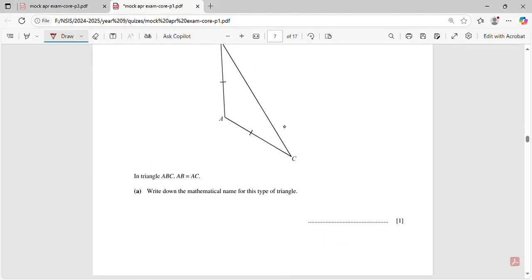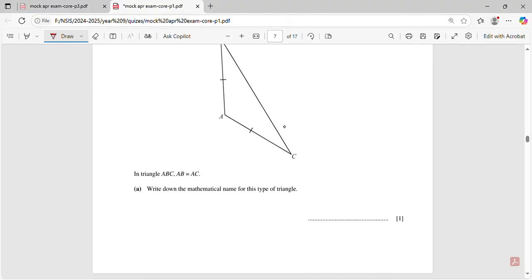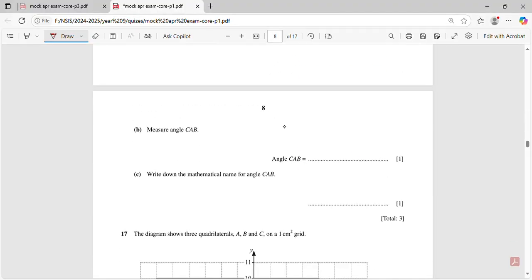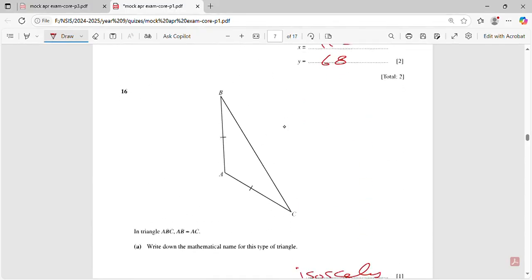But for this part, write down the mathematical name for this type of triangle. What is the mathematical name for this triangle? Isosceles. Never say triangle again because you already know that this is a triangle. It's called isosceles. Okay? Measure angle CAB. Of course, you have to measure angle CAB.